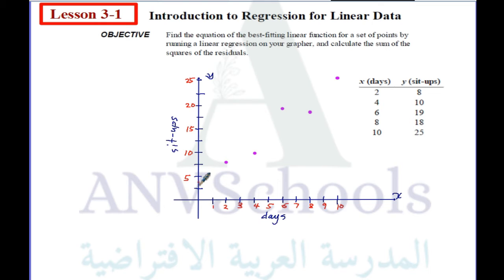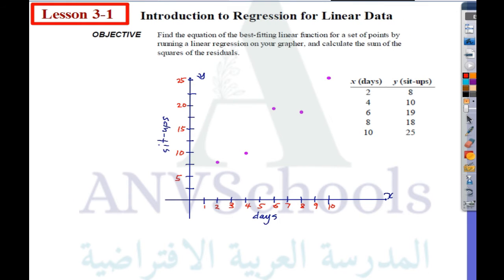That best fit line will be the line that fits these scattered points as well as possible. So let me draw you a line which resembles a best fit line, and it's this. You can see this line fits 2 points perfectly.